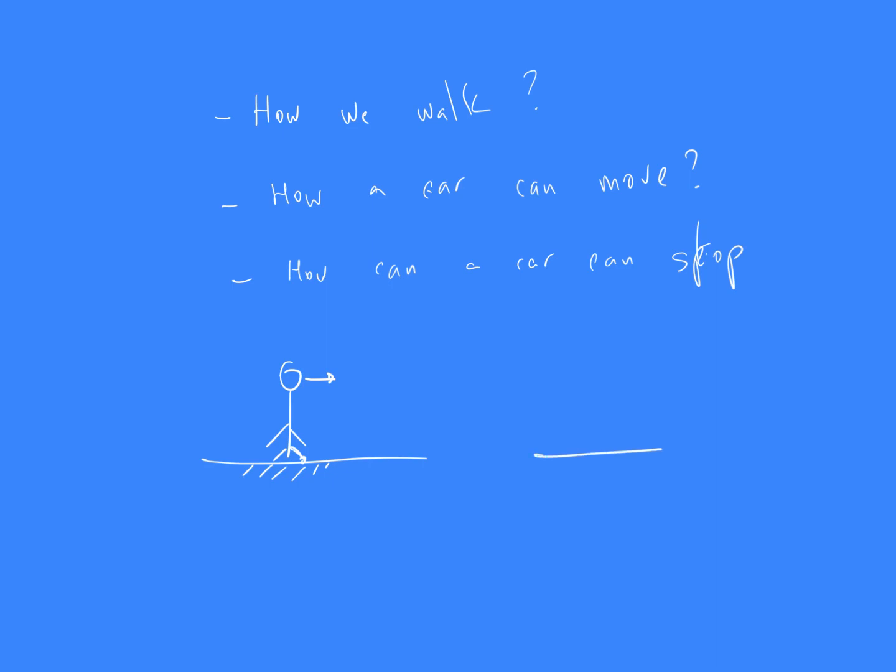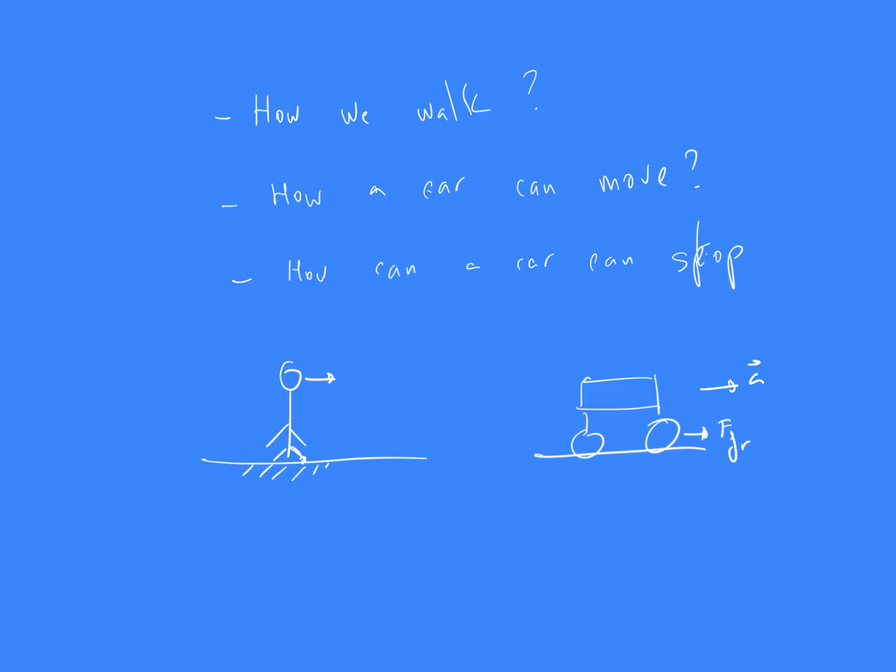How can a car move? A car can accelerate because there is a friction force acting on the car that has to go in this direction, if you want to produce an acceleration in this direction.